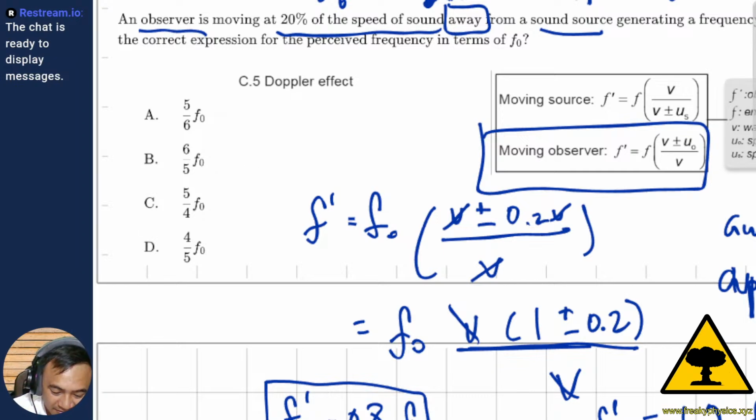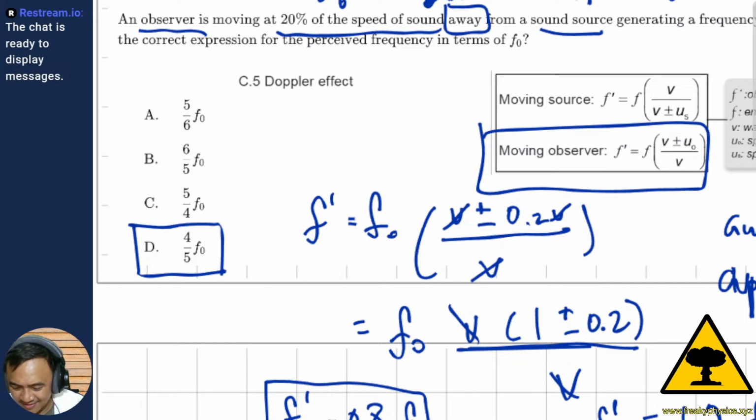It's D. Again, the way I always remember which one is which, because you will always have two possible answers, is the car approaching and a very fast car passing you.